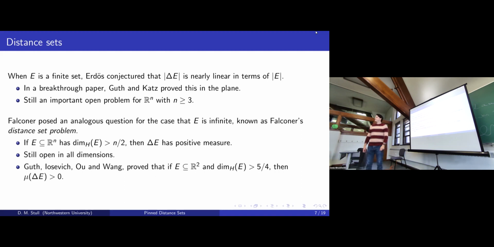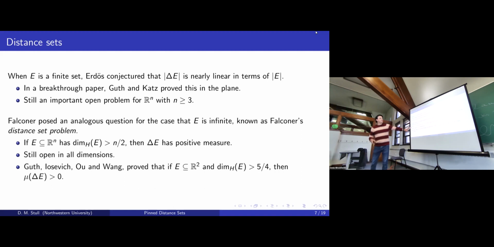But doesn't that contradict Falconer's conjecture? Erdős's conjecture is a lower bound, whereas Falconer's conjecture says that the distance set has to be big. Erdős's is the lower bound, at least linear, but you know it takes a lot of work even to do that. Yeah, the lower bound. Yeah, sorry. Erdős conjectured that the distance set has size at least linear in terms of the size of the set. Okay.